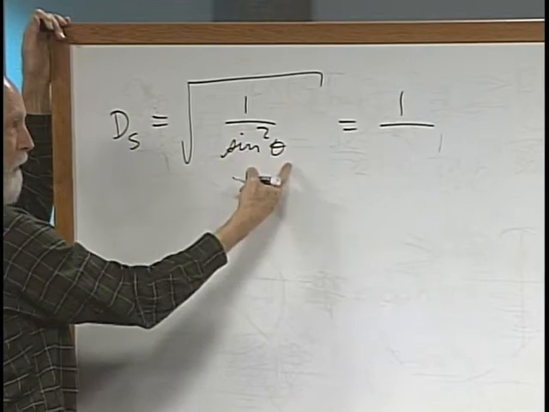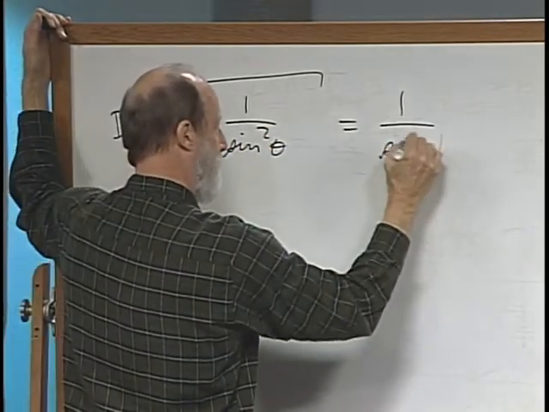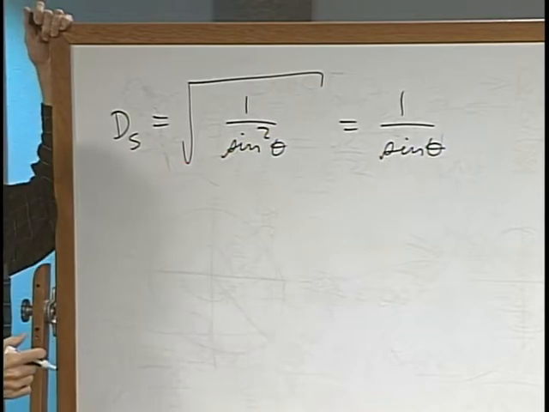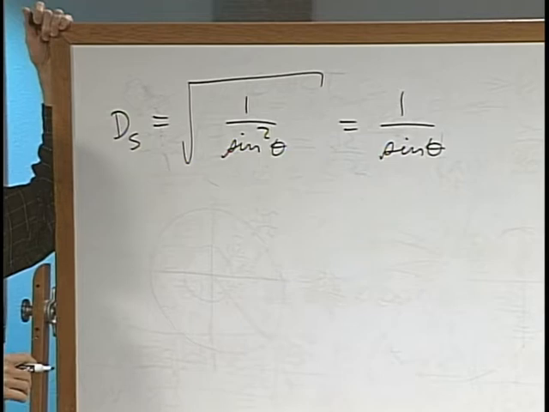When you take the square root of the sine squared, you get sine theta. So the distance running on the sand is equal to 1 over sine theta.